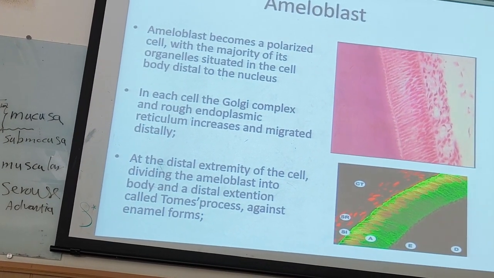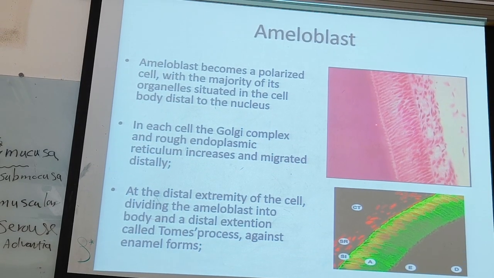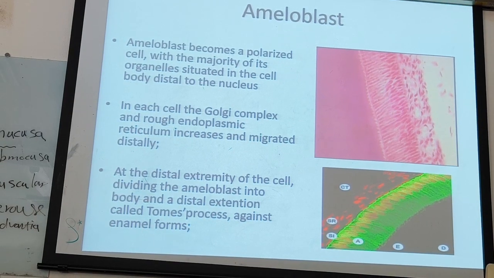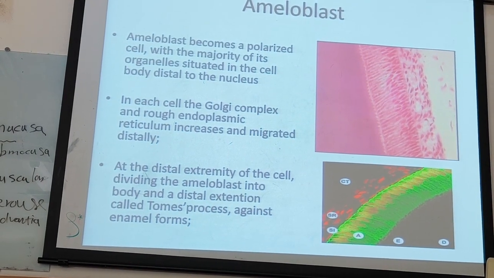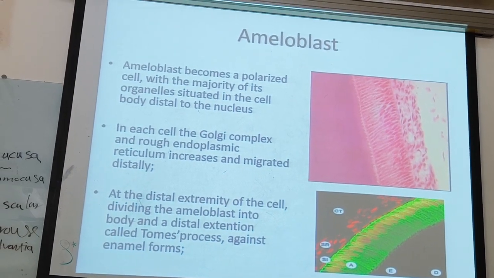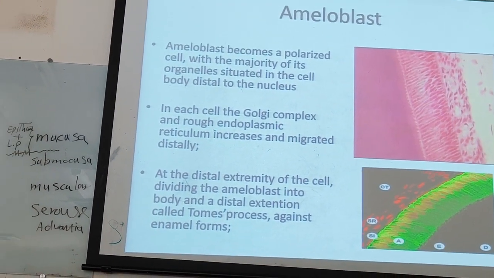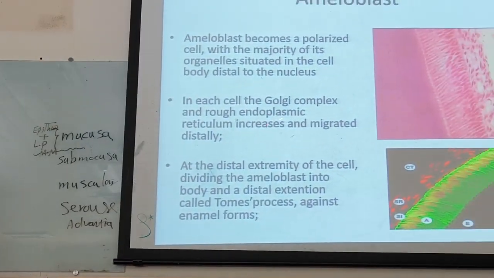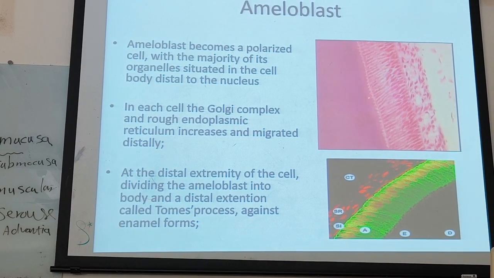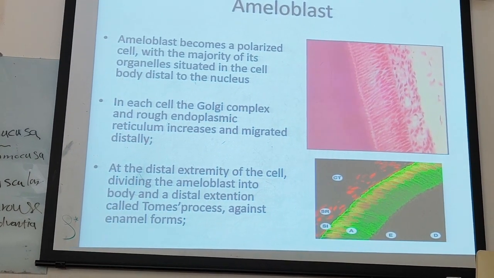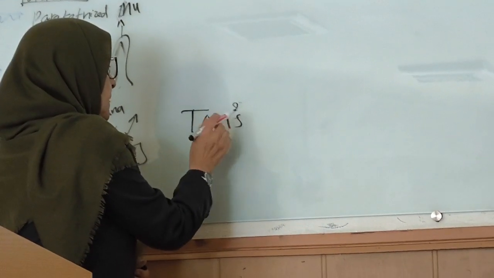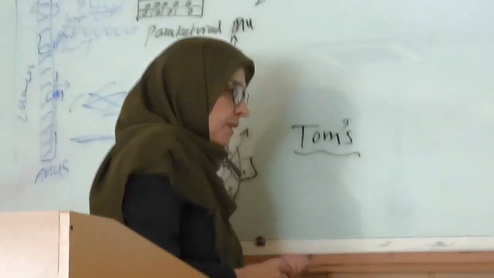The ameloblast cells are tall cells that have polarity, meaning the nucleus is located in the basal part. In the apical part, they include some vesicles, the RER, and the organelles that are important for protein synthesis, which you can see here. And finally, in the distal part, they have a process called Tomes' process, named after the person who discovered it.